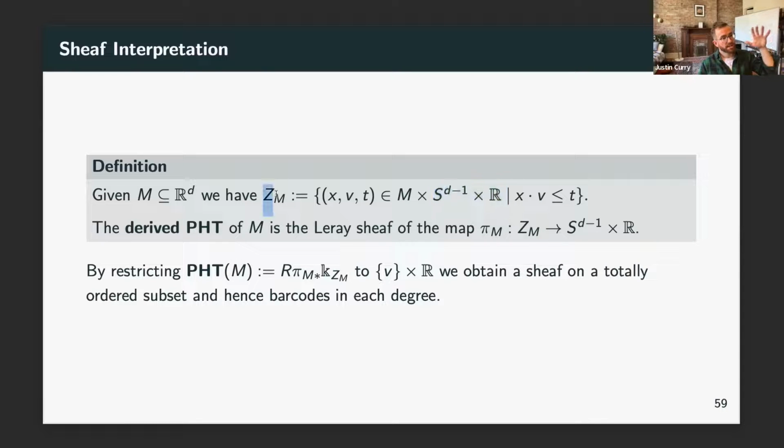So I can project Z_M down to S^{d-1}. If I study the Leray sheaves of this map, I get the persistent homology transform. And if I want to get the usual picture of associating a persistence diagram to a direction, all I do is restrict that sheaf to my specified direction and cross with R.